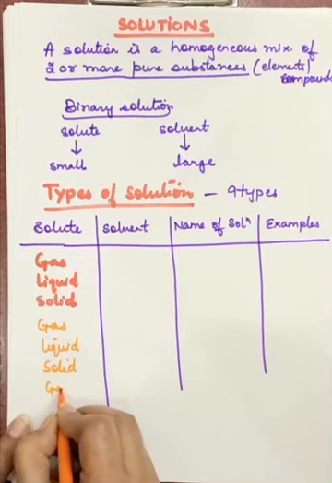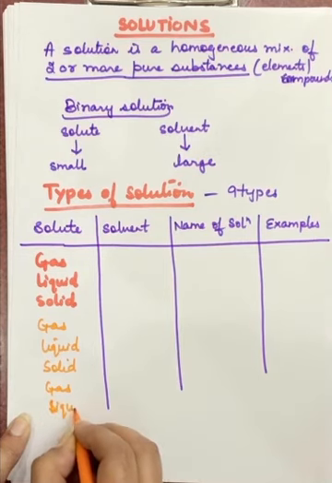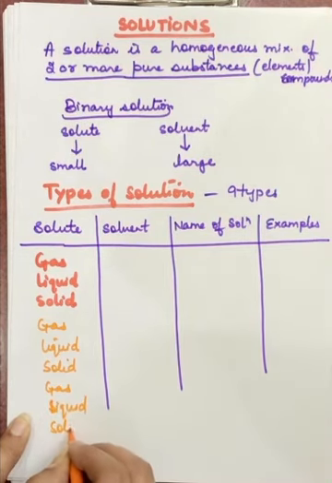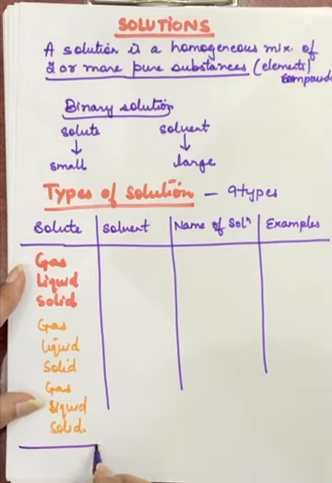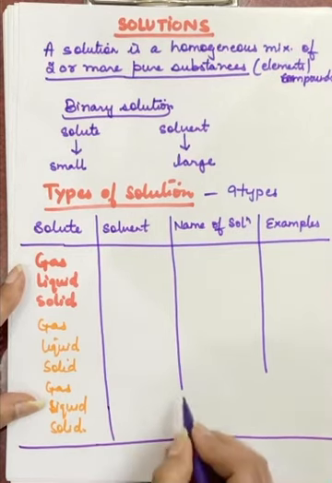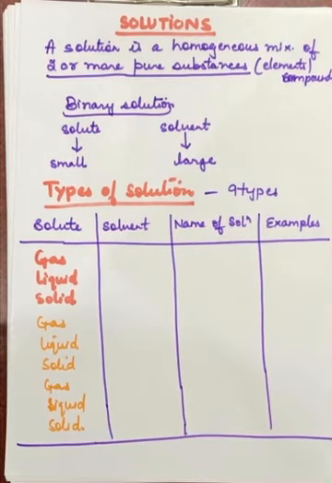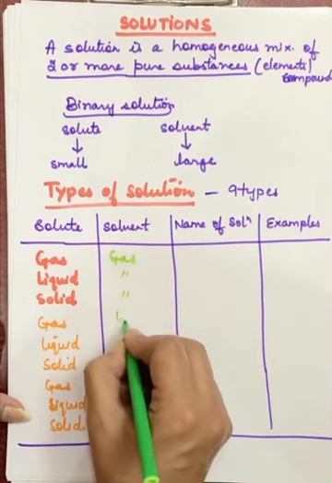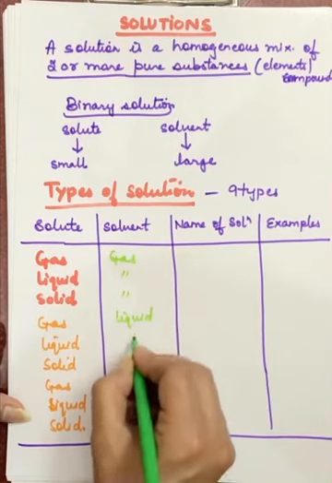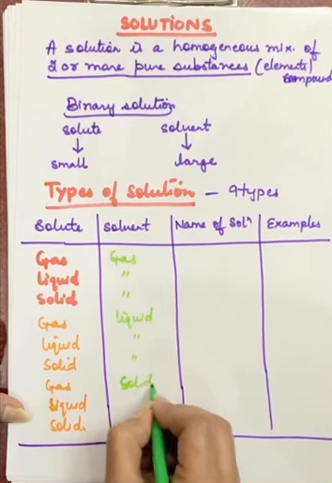Then again I am taking gas, liquid and solid. And for solvents I am taking gas in the first three, here I am taking liquid, and in the last three I am taking this as solid.